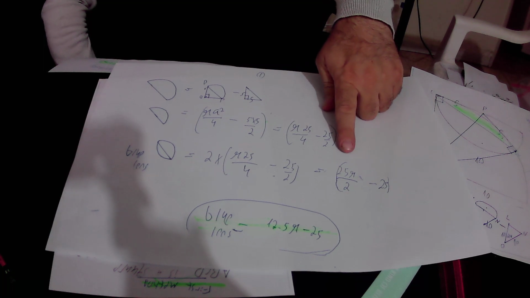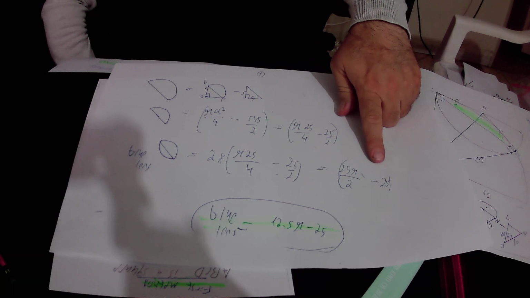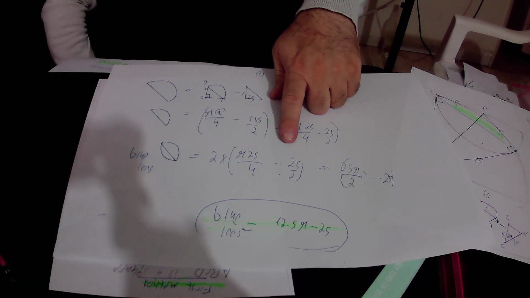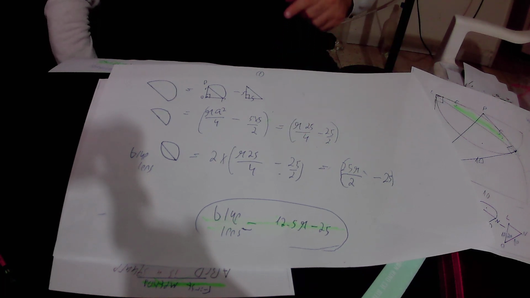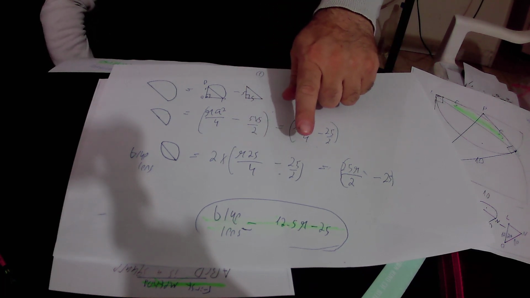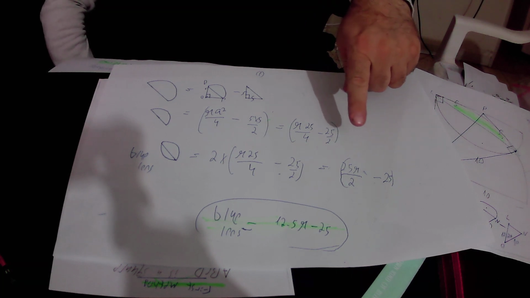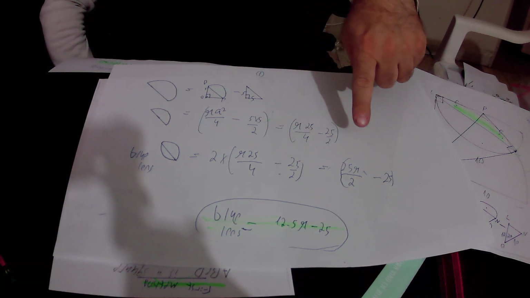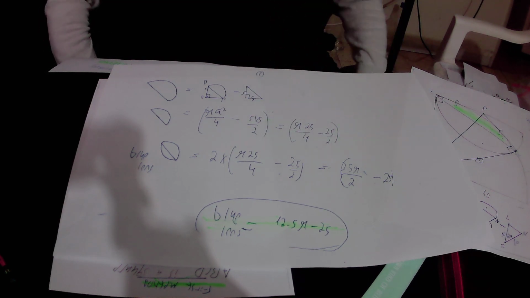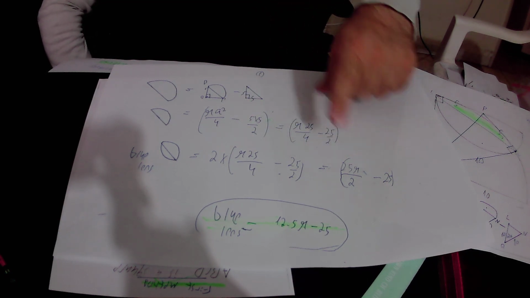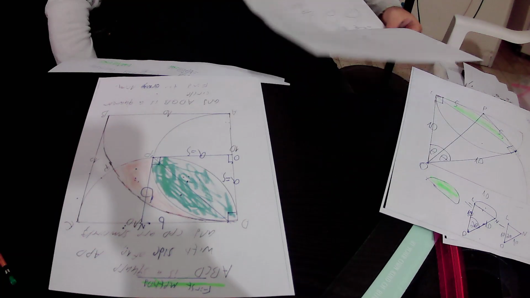So this expression equals 25 pi over 2 minus 25 over 2 times 2, which is 25. So in conclusion, the area of the blue shape equals 12.5 pi minus 25. This is the area of the blue shape.